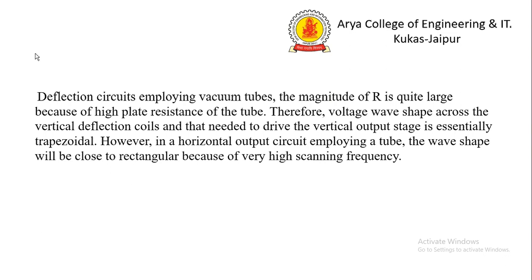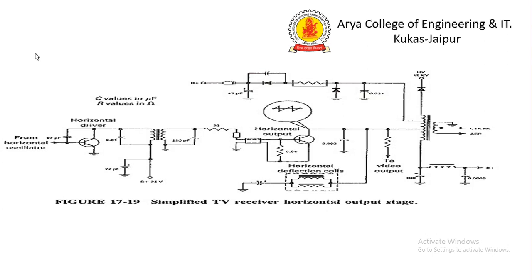So basically, in the deflection circuit employing vacuum tubes, the magnitude of R is quite large because of high plate resistance of the tube. This is the simplified TV receiver horizontal output stage of the deflection oscillator.